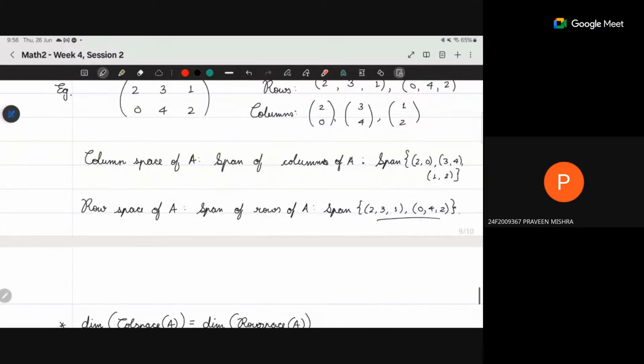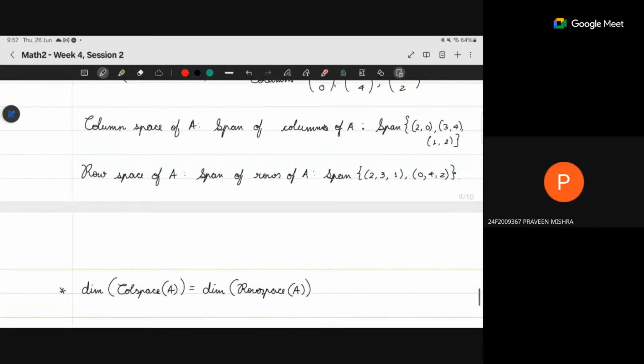So this is some subspace of R3. It could be dimension 0, 1 or 2. This is some subspace of R2, which could be 0, 1 or 2. Neither of them will be 0, but it could be 1 or 2. But surprisingly, the dimension of both the spaces will be the same.